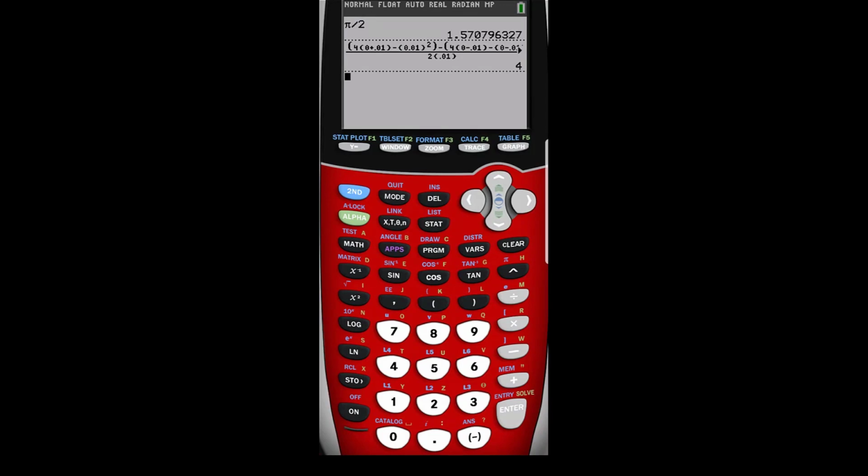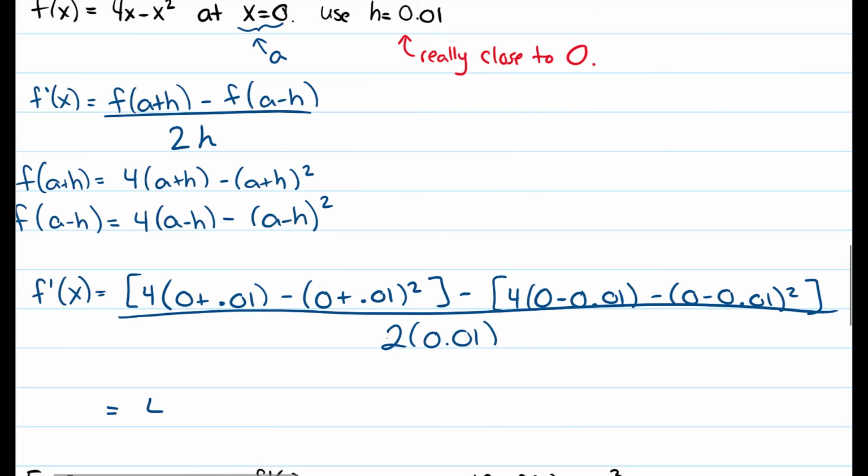Then doing this on our calculator, we end up getting 4. So this whole thing is equal to 4. So this means that the derivative at x equals 0 is equal to 4.